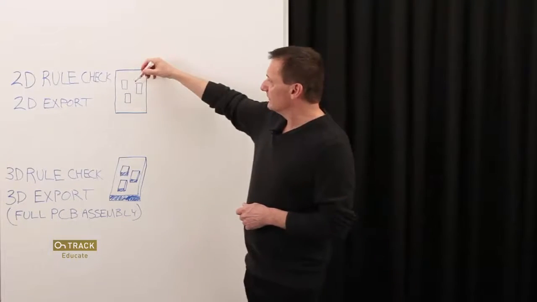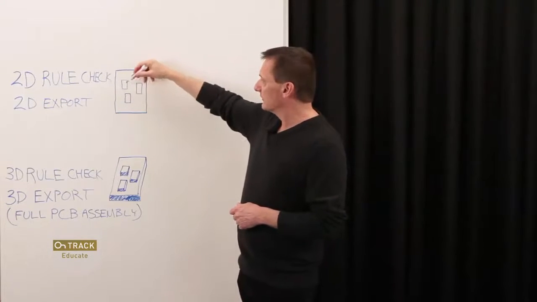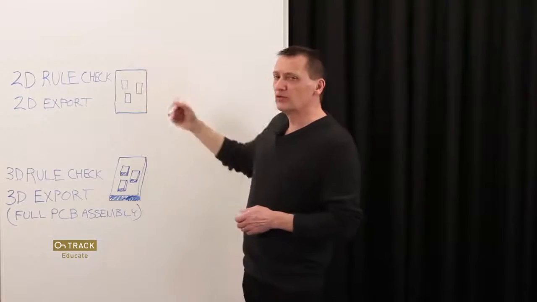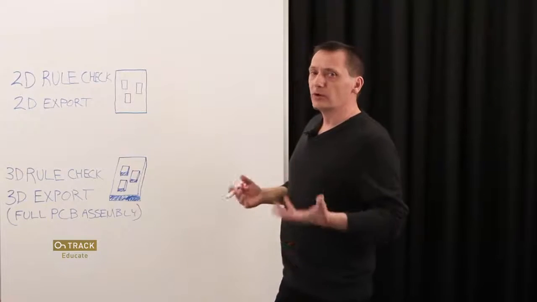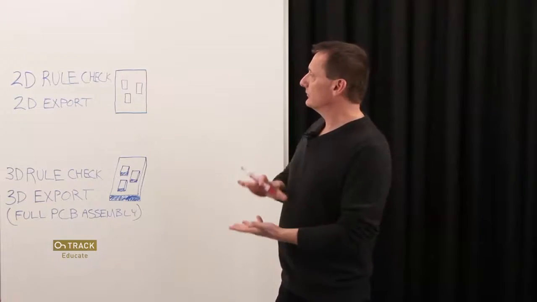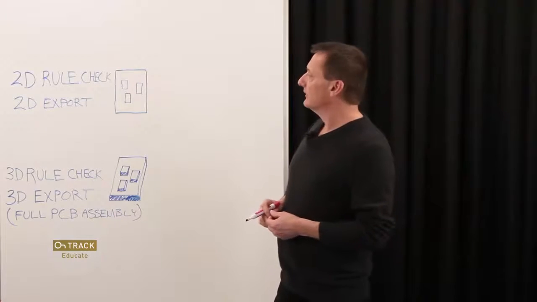The problem here is that between the two, component-to-component clearance, there's no way to check that in a true 2D system. And what about enclosure to component interference?